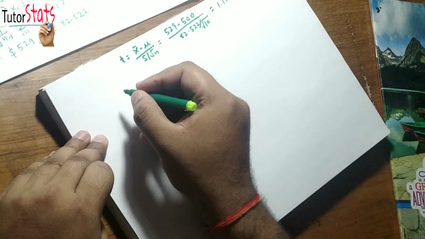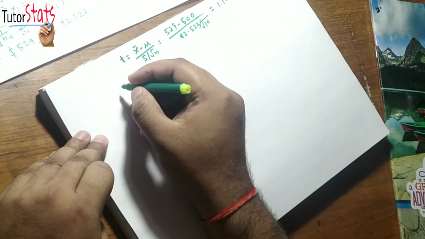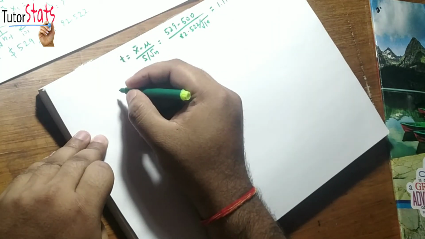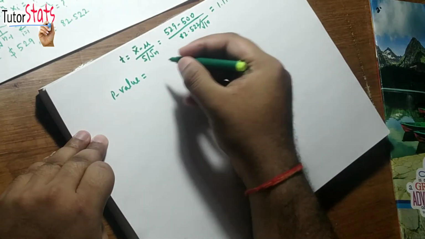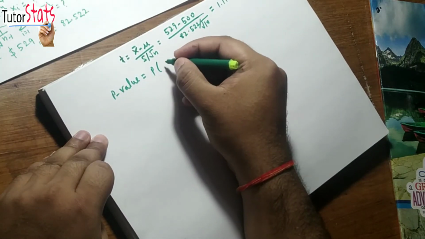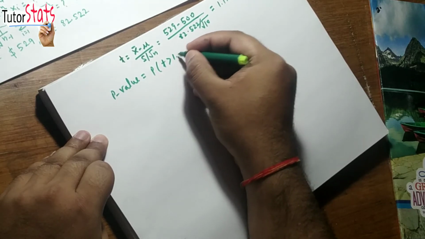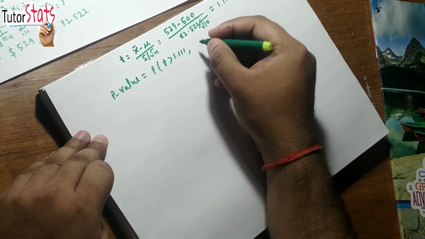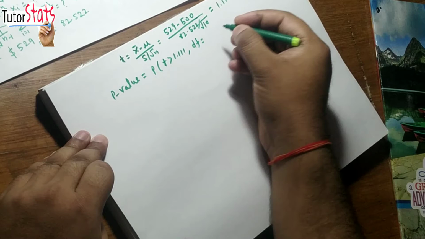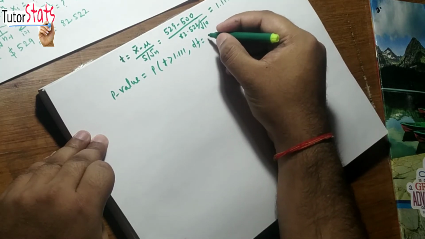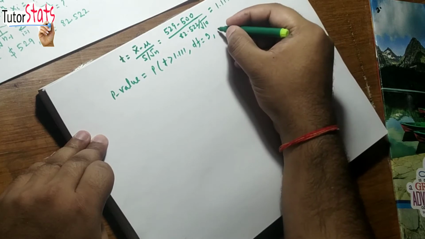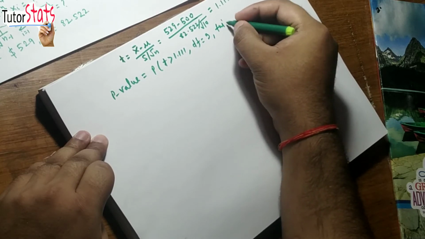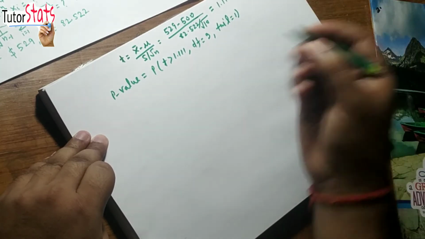Now we will calculate the p value on the basis of this test statistic value. So p value is the probability value of the test statistic, where degree of freedom is n minus 1, that is 10 minus 1 is 9, and the tail is equal to 1.